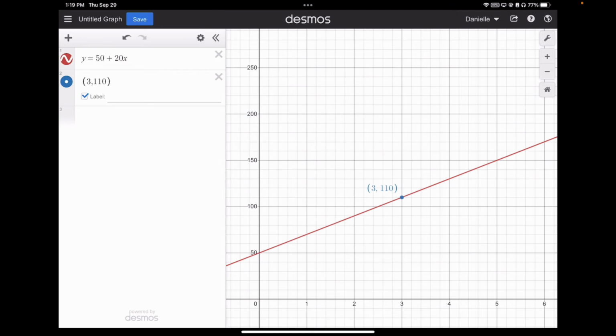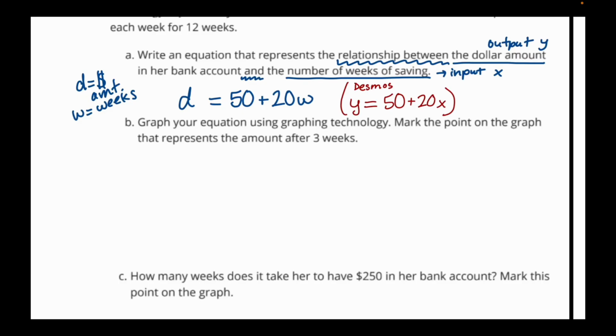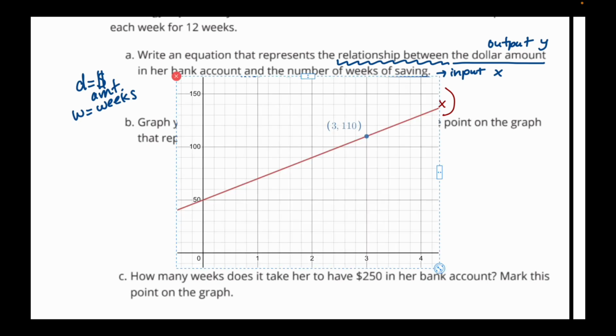Instead of sketching a graph, I'm going to actually save that as a photo. So if I go back here, I can then take this photo, I'm going to crop it down and just show maybe some of the relevant stuff here. That seems good. We're going to save it to my photos. And then I can actually add a photo in here, and I see it up at the top.